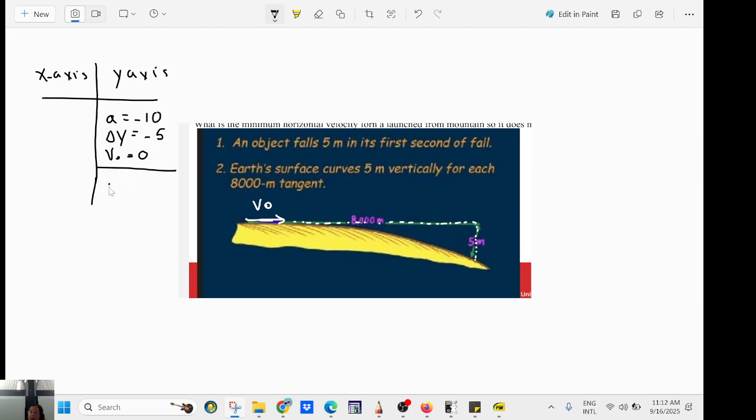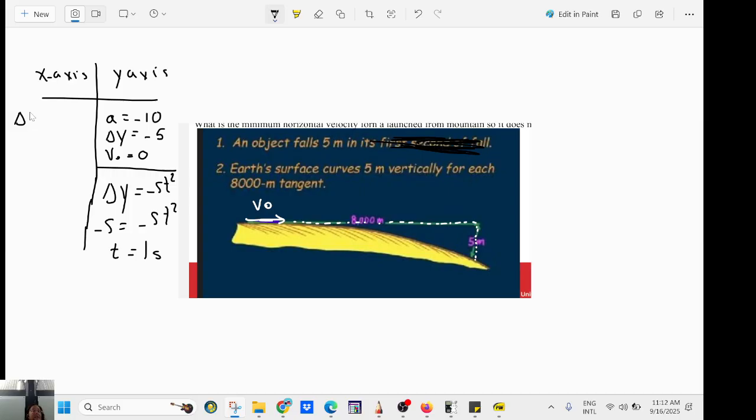Delta y equals -5t squared. So -5, because they give you the answer, equals -5t squared. So t equals 1 second. Yes?